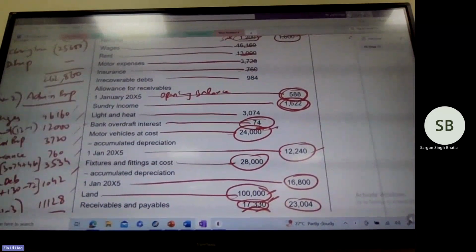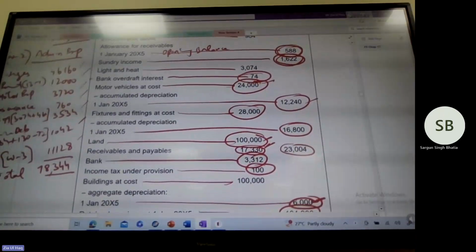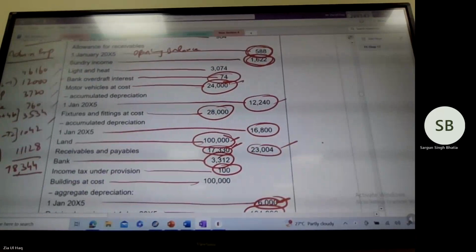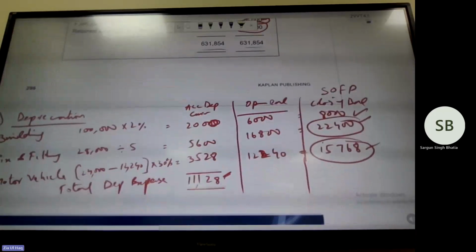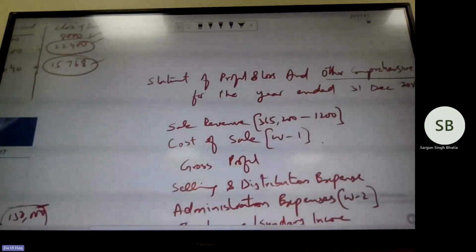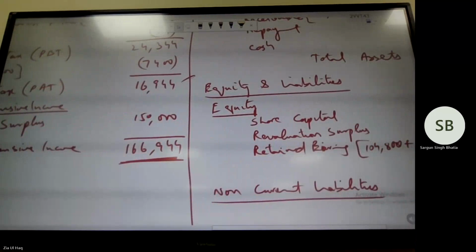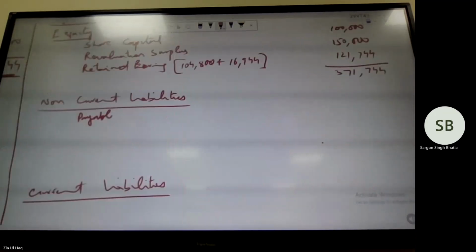So is there any non-current liability? No, but there is current liability. What are the current liabilities? We have payables. What is the payables figure? 23,004.